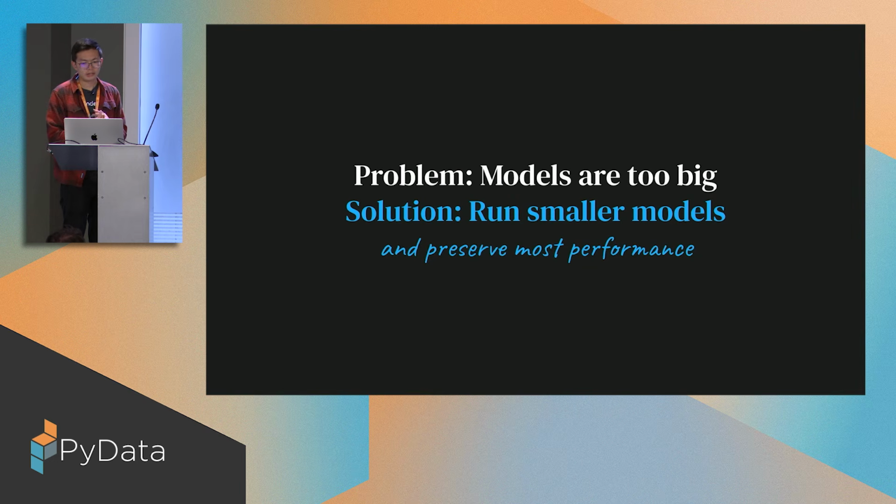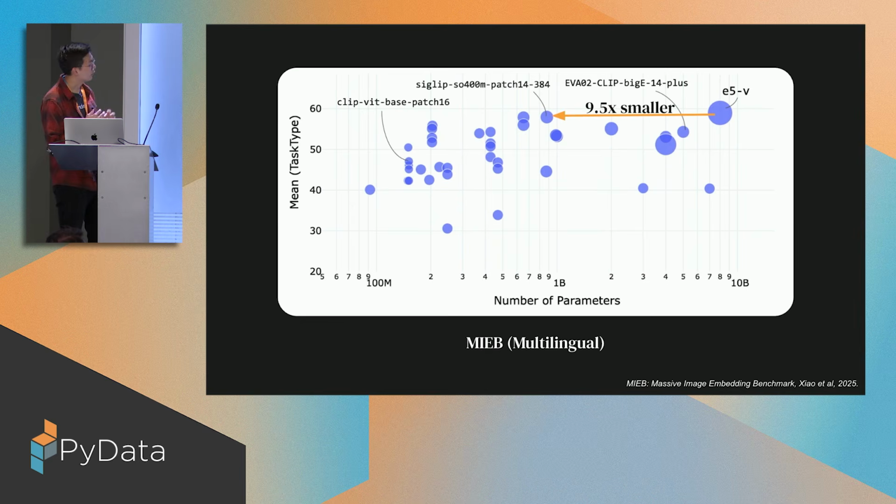Another thing that the image benchmark reveals is that some smaller models, like in the text counterpart, can achieve very similar performance compared to the big ones. And again, in the top right corner, we see a model that is almost 10 times smaller than the 8 billion model and performs pretty much just as well. Some of you may know that's one of the SigLIP variants from Google.